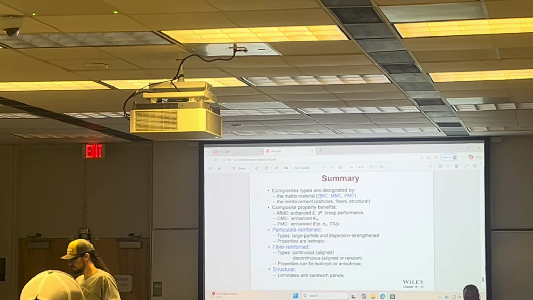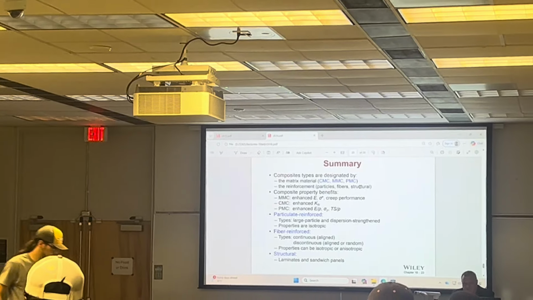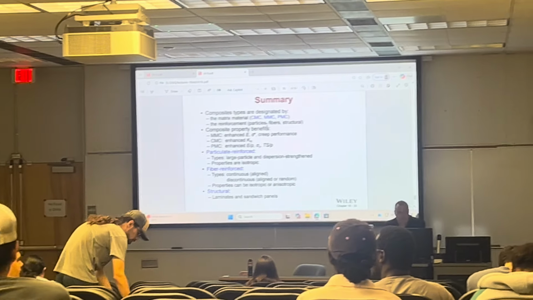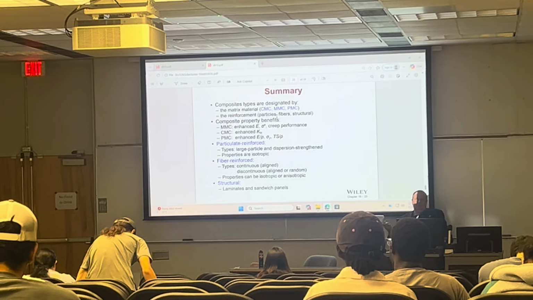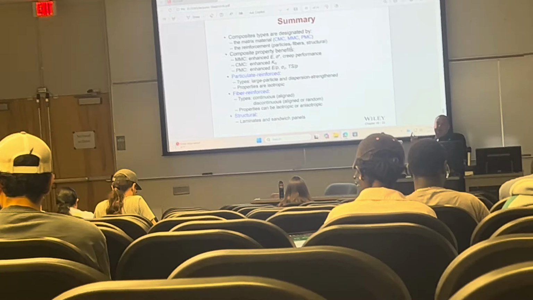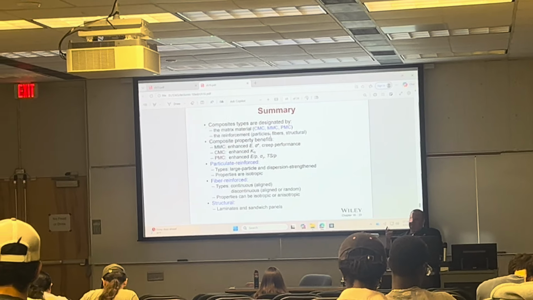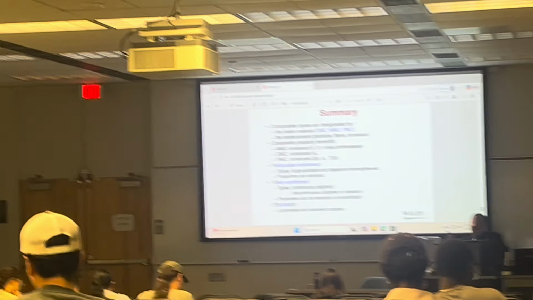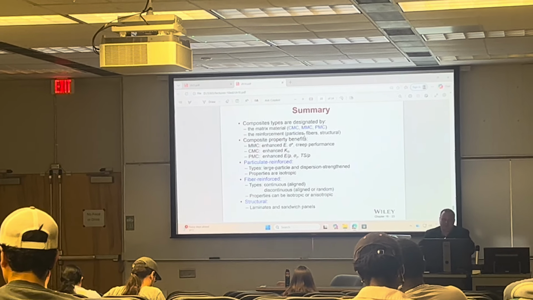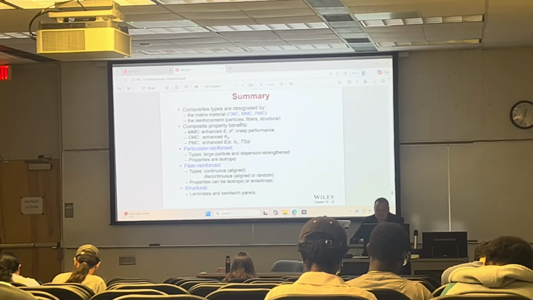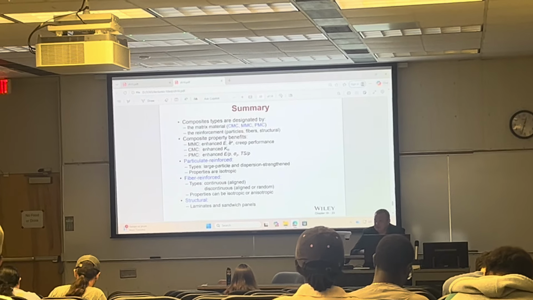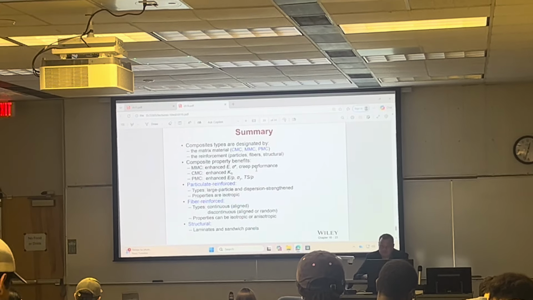Reinforcement: particle, fibers, or structural. The idea is to address a drawback of the class of materials in general. For metal matrix, making a composite can increase the elastic modulus, the yield strength, and creep resistance.